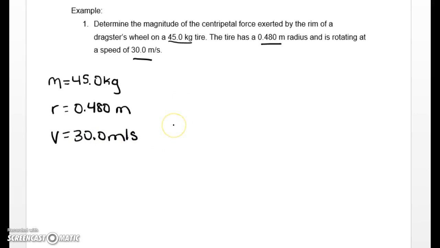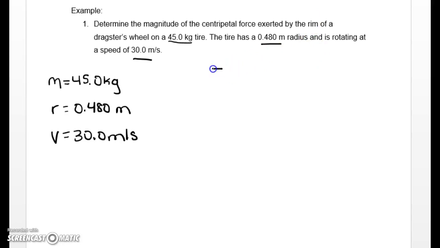As we should start to make a habit, we do want to check our units, and I was so nice to give you an example here where we don't have to do any conversions, because mass should be in kilograms, radius in meters, and your speed is in meters per second. So we can jump straight to our equation.